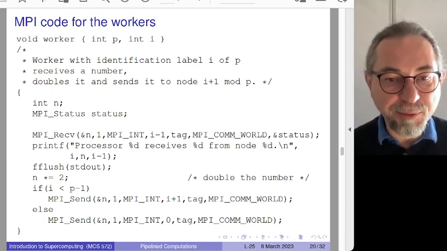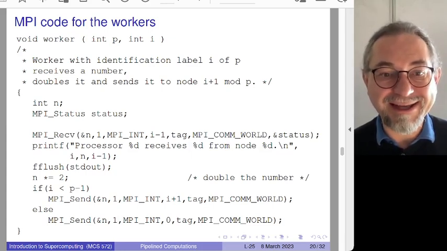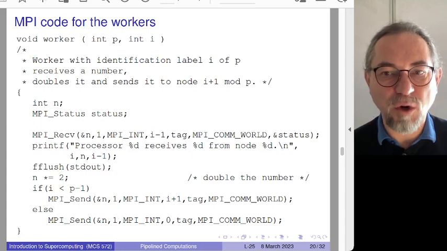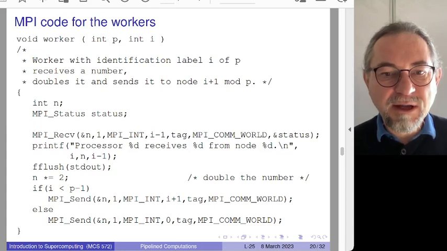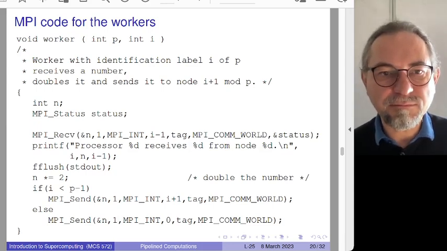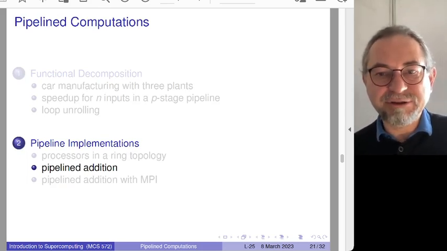So it is a ring topology because if the processor identification number is P minus 1, then the send happens to the manager, the node with identification number 0. And before the send, there is the doubling of the number. Okay, so that was the ring topology.